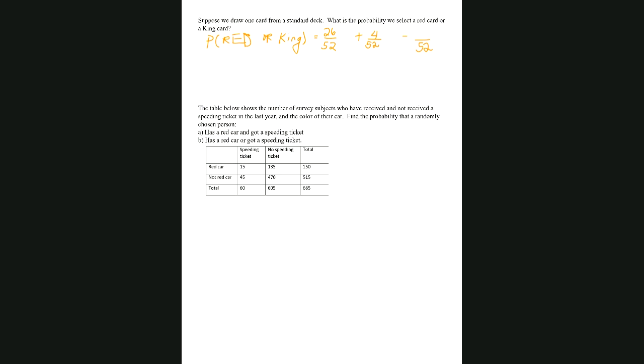So there are only 2 cards that are both red and king. The king of hearts and the king of diamonds, right? I think it's diamonds, right? Yeah, spades and clubs are black. All right, so I need to say 26 over 52 plus 4 over 52 minus 2 over 52. So 26, 27, 28, 29, 30. So there's 30 over 52 minus 2 over 52.